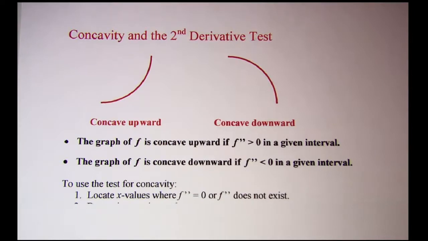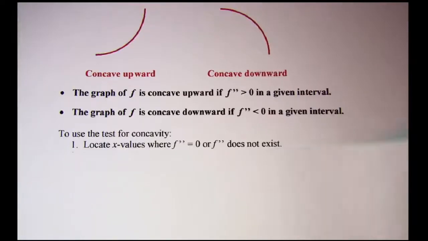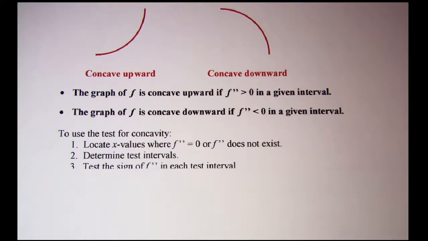To use the test for concavity, we first locate x values where our second derivative is 0 or where our second derivative does not exist. Then we determine test intervals and test the sign of the second derivative in each interval.